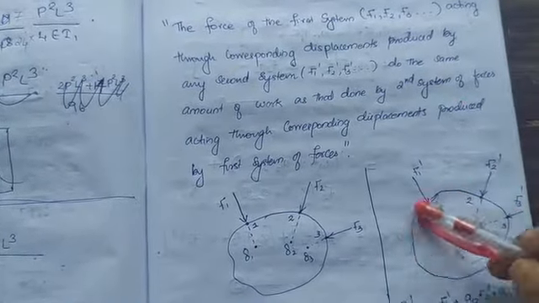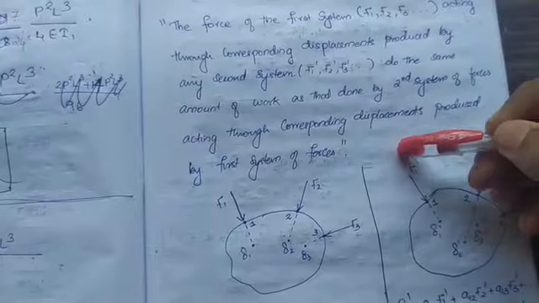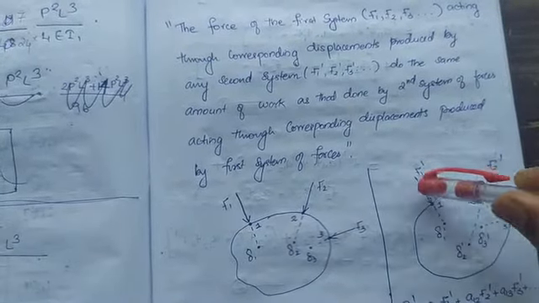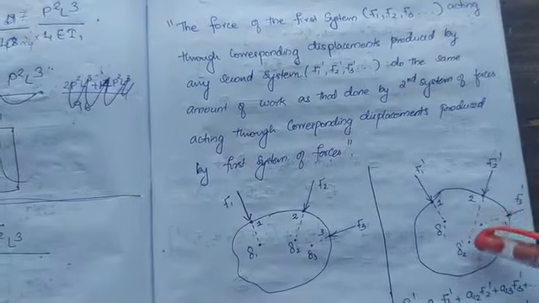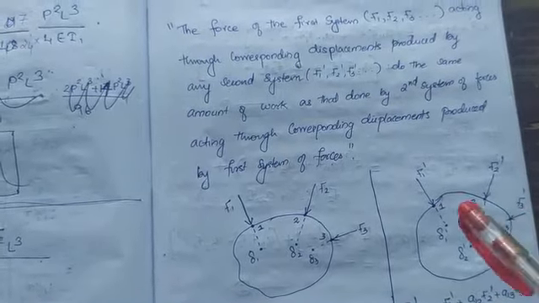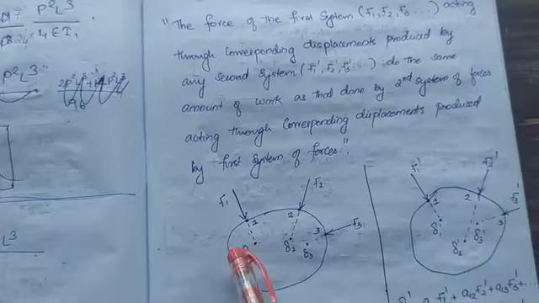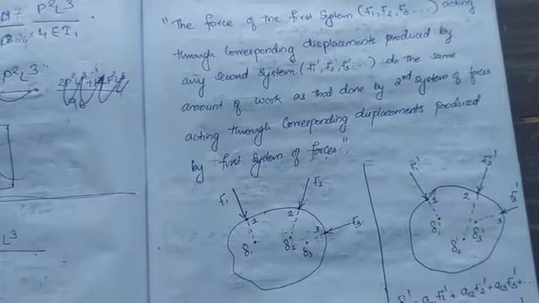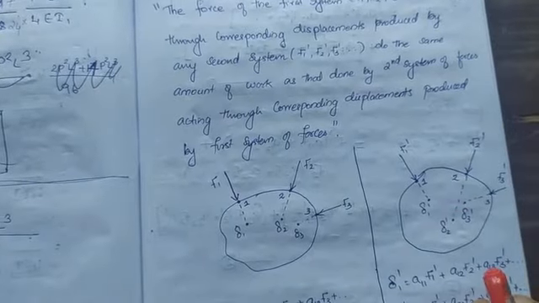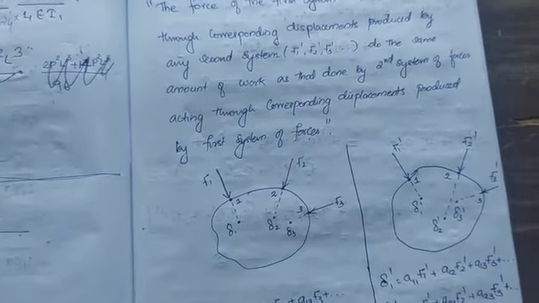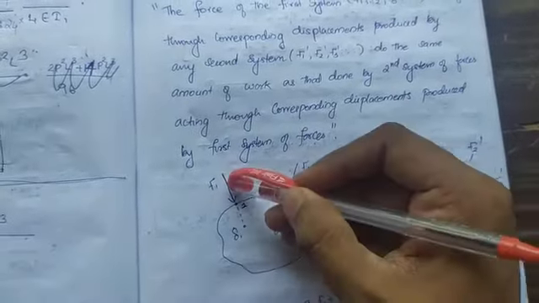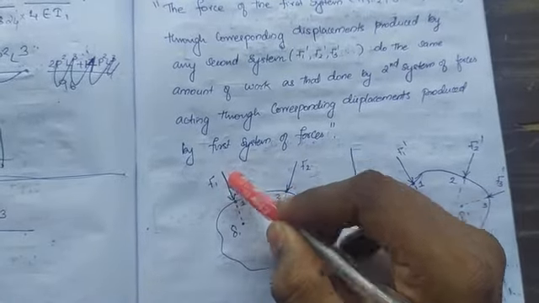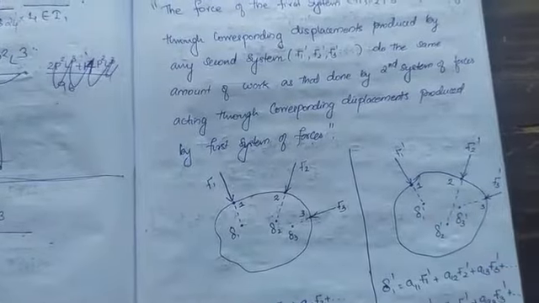Here we consider another system of forces having forces F1 dash, F2 dash, F3 dash, which makes displacements delta 1 dash, delta 2 dash, delta 3 dash at the same points where we applied F1, F2, F3. That means points 1, 2, 3. The points are not shifting. So the theorem states that there will be work done in both cases.